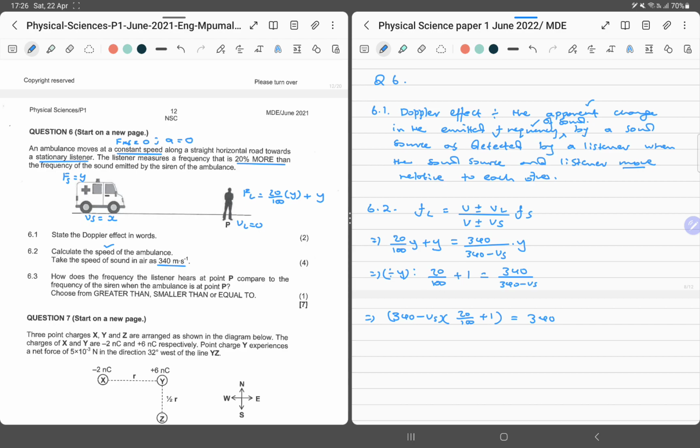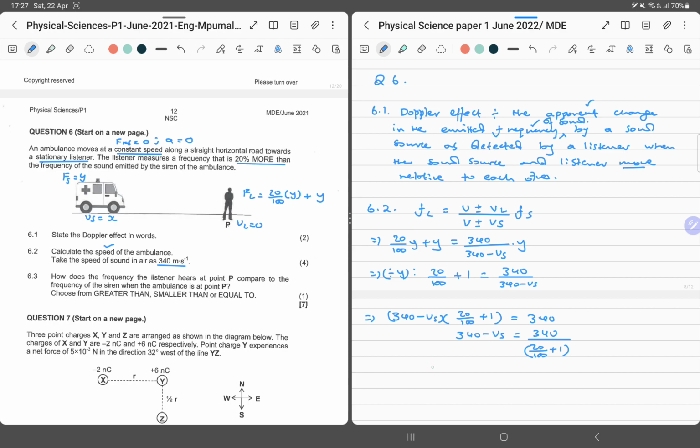And then the thing that we do, we just divide by that. So we're going to have here 340 minus Vs is equal to 340 divided by that. All right, so we are getting where we want to be.